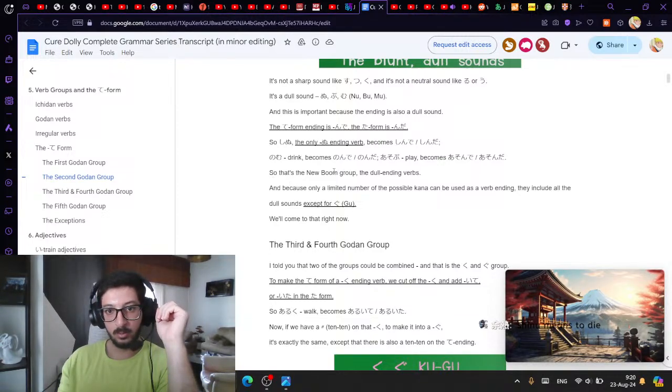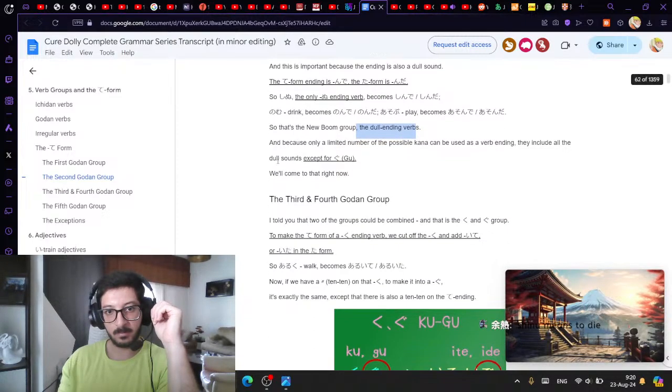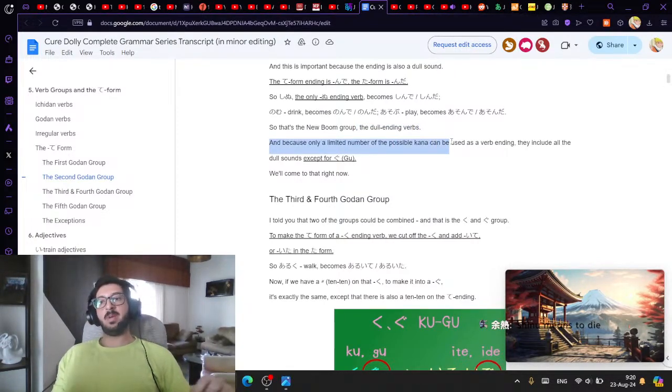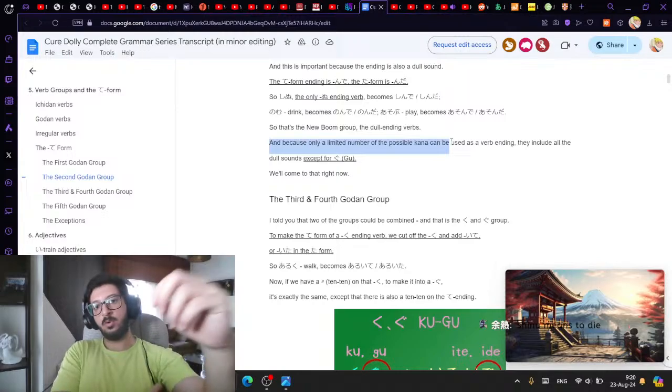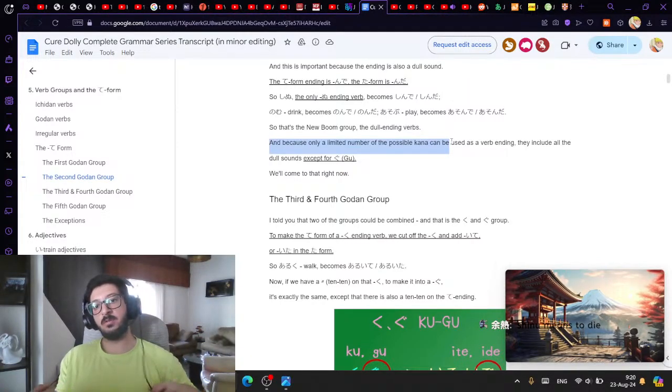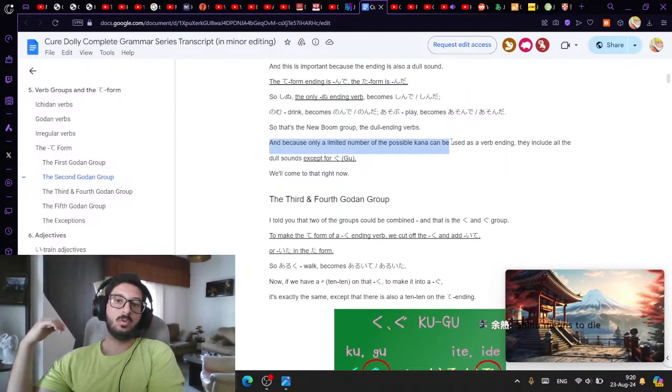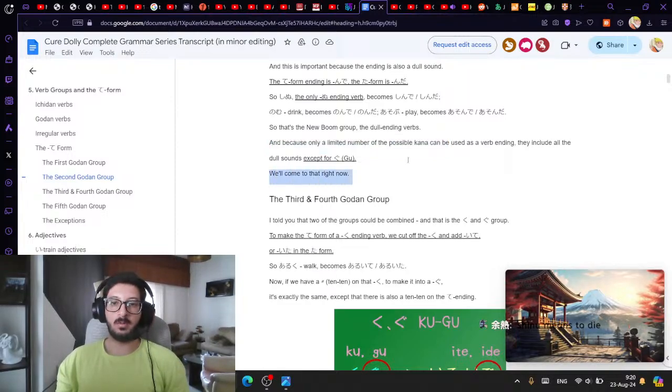So that's the nu boom group, the dull ending verbs. And because only a limited number of the possible kana can be used as verb endings, they include all the dull sounds except for gu. We will come to that right now.